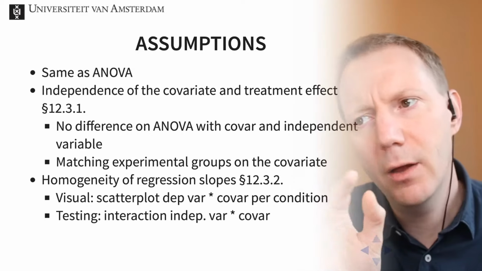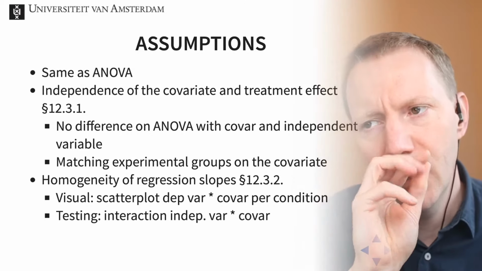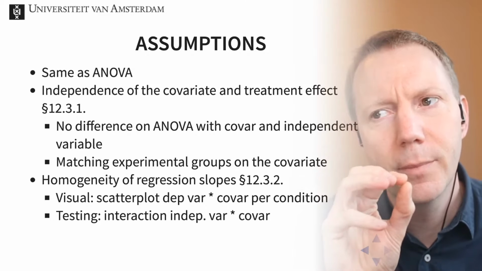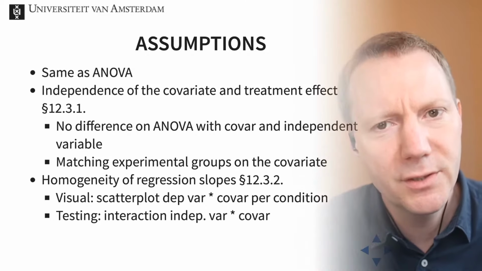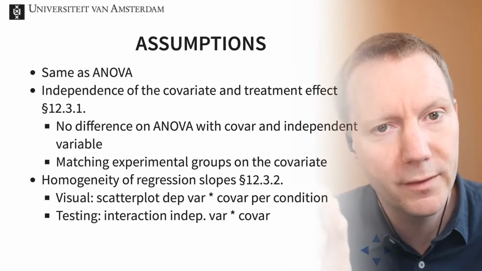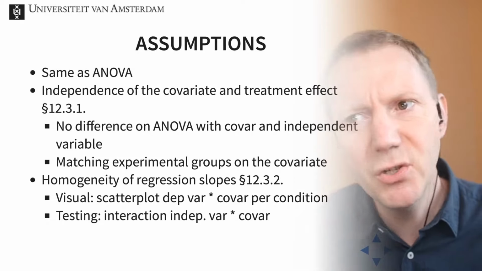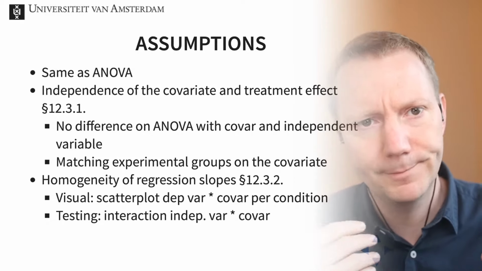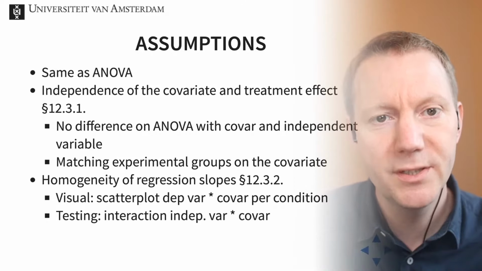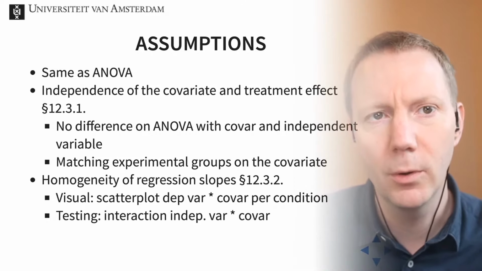It means that there must not be a difference between the categories on the covariate. That essentially means that the levels between the categories on the covariate should be equal.